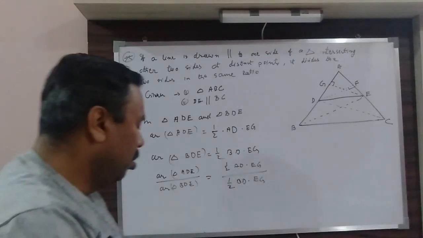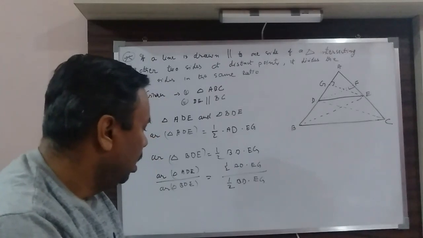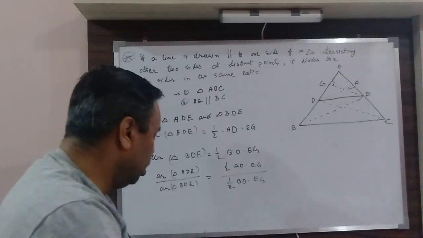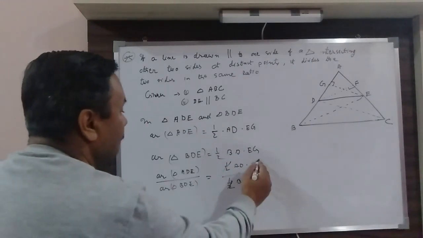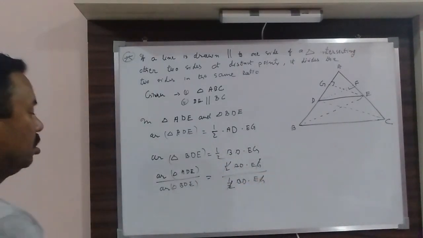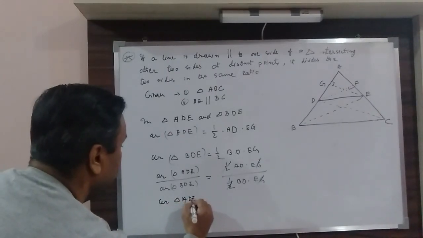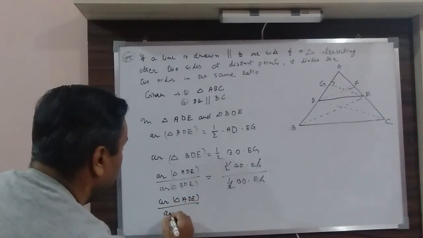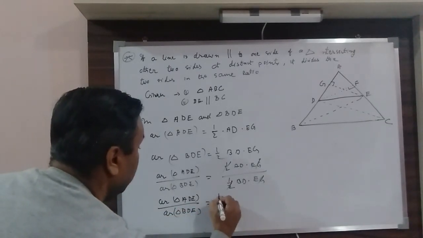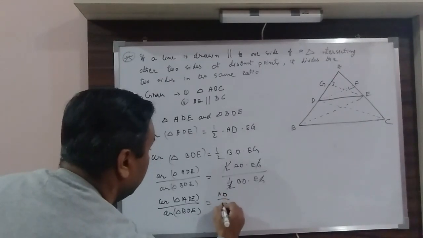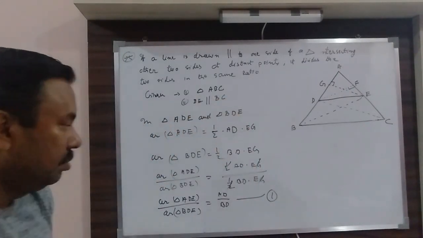Now you can see what happens. I can cancel out these two. This half will be cancelled out and EG will be cancelled out. So the area of triangle ADE over the area of triangle BDE will be equal to AD over BD. Let it be equation number 1.